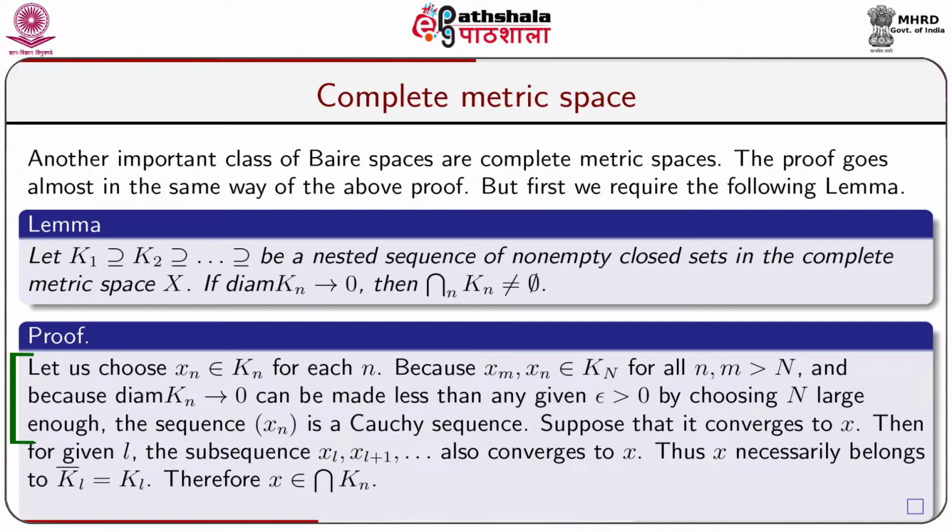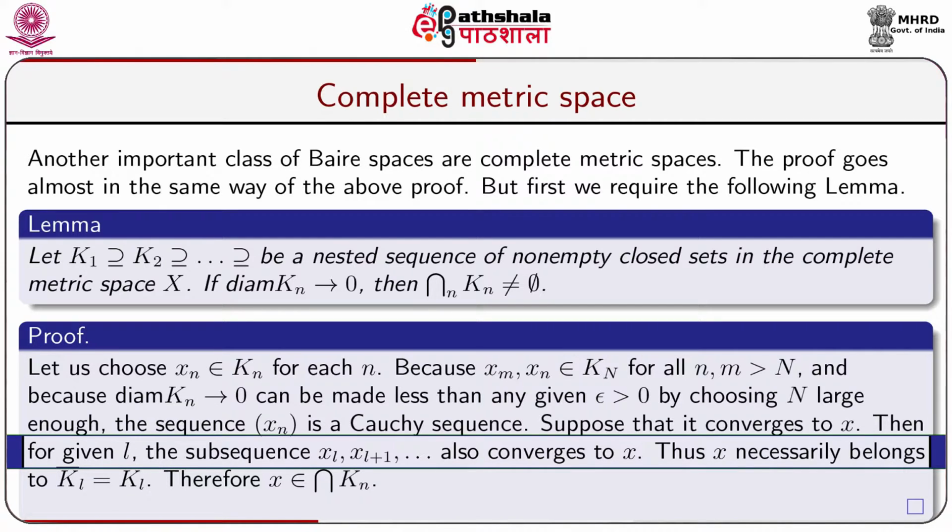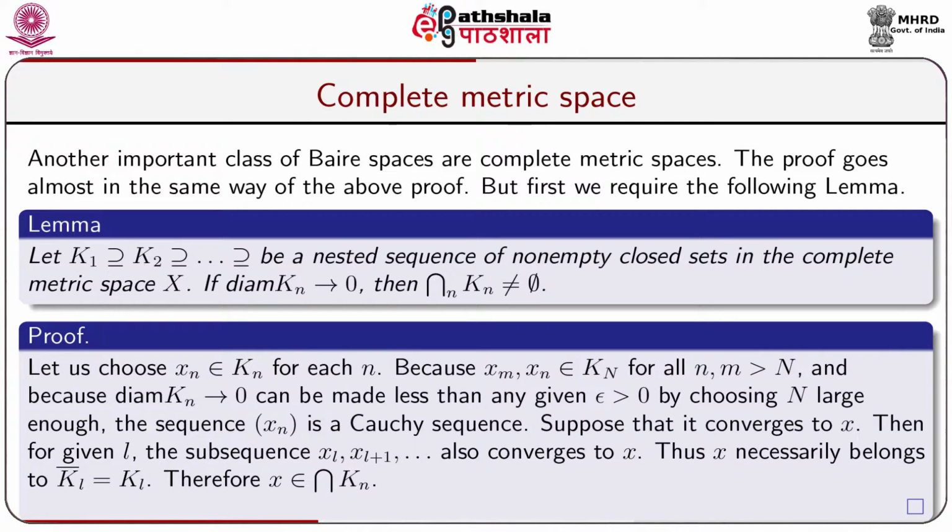That means the sequence xn is a Cauchy sequence. Suppose that it converges to x, then for given L, the subsequence xL, xL plus 1, and so on also converges to x. Thus, x necessarily belongs to closure of KL, which is equal to KL, as KL is a closed set. Therefore, x belongs to intersection of Kn.